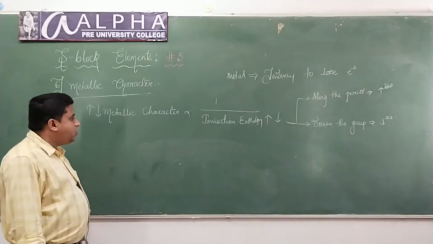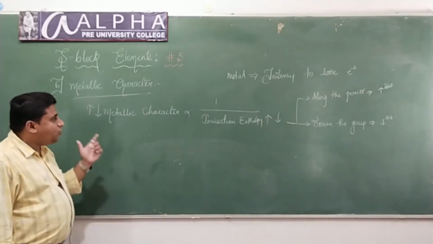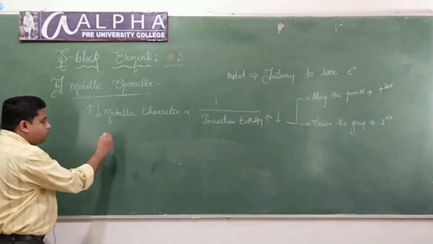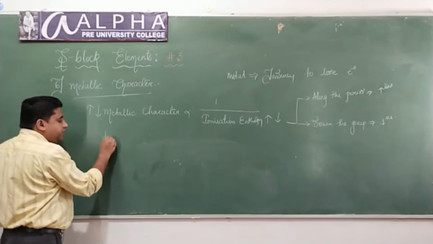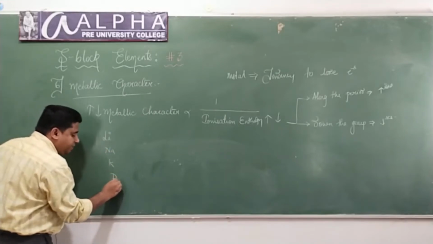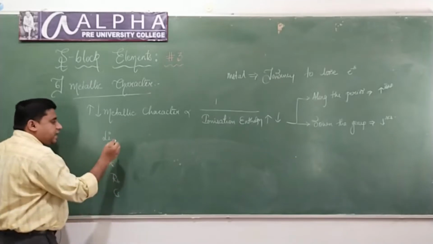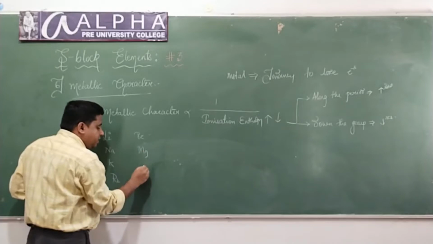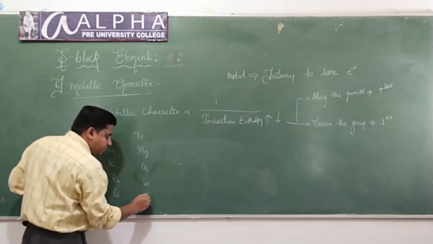Now let us talk about the metallic character of alkali metals and alkaline earth metals. For alkali metals we have lithium, sodium, potassium, rubidium and cesium. In alkaline earth metals we have beryllium, magnesium, calcium, strontium, barium.